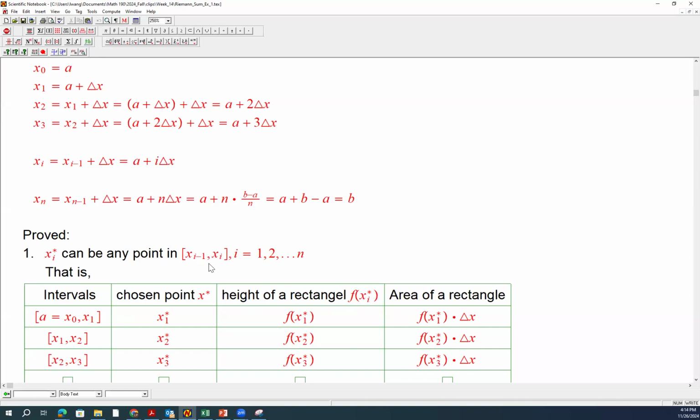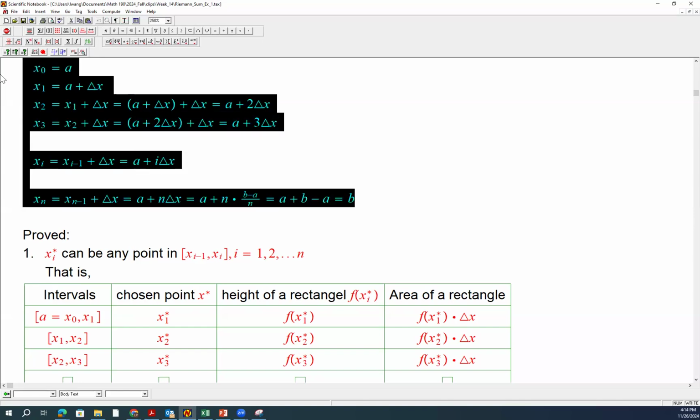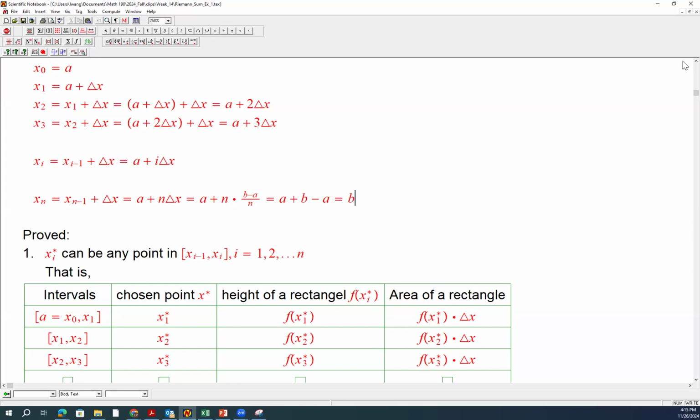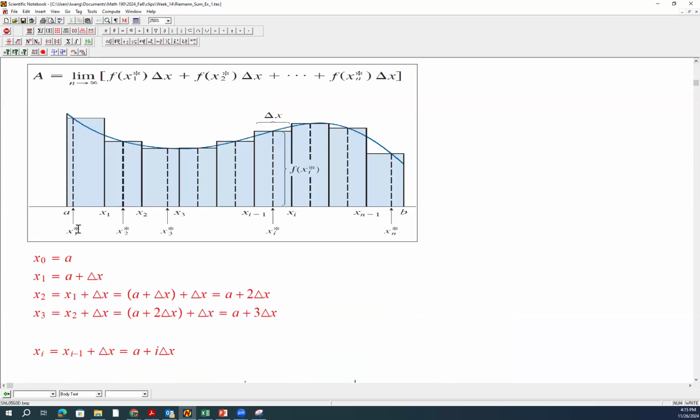So this is the complete indexing as an arithmetic sequence, which makes the subintervals: a, x1, x2, x3, and so on and so forth.